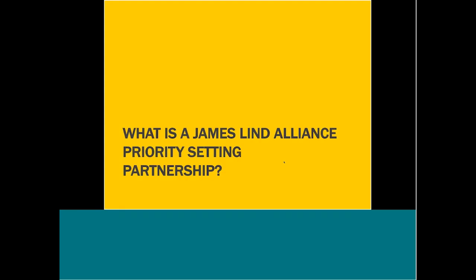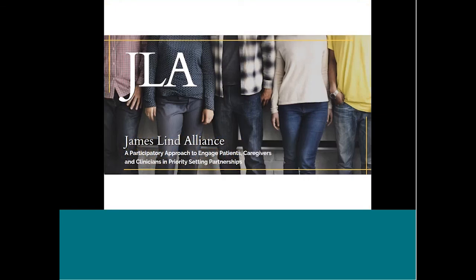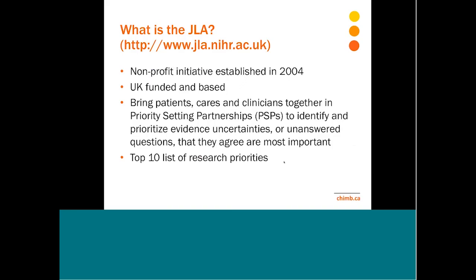So what is the James Lind Alliance Priority Setting Partnership? The James Lind Alliance is a participatory approach to engage patients, caregivers, and clinicians in what they call priority setting partnerships. The James Lind Alliance itself is a nonprofit initiative that was established in 2004. The National Institute for Health Research funds the infrastructure of the JLA, which is based within a small team at the Wessex Institute of the University of Southampton in the UK.